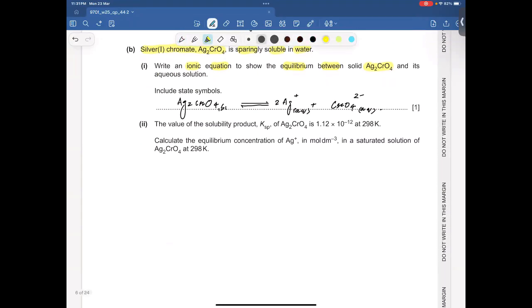The value of solubility product of silver chromate is given. Calculate the equilibrium concentration of silver ion in mole per dm cube in a saturated solution. Okay. So Ksp. Oh, hold on. Let me write this equation again.